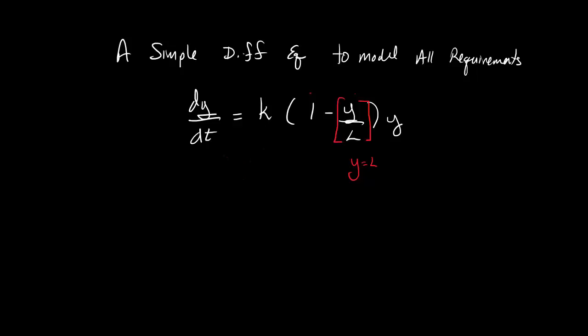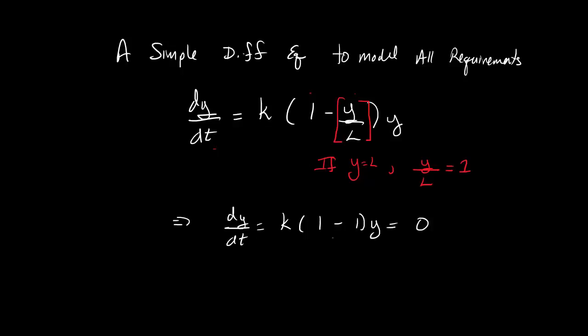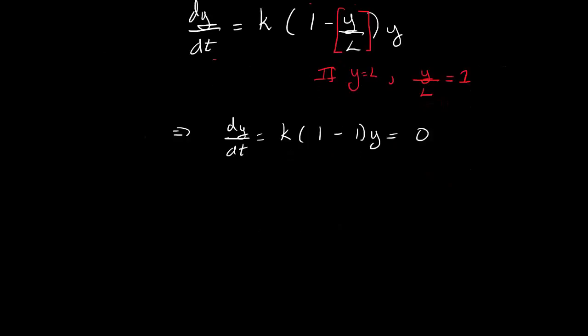So if y equals L, we know y/L is equal to 1. And this would imply that dy/dt is equal to k times (1 - 1) times y, and this would be dy/dt equals 0. So that models extremely well. What happens if y is far less than L?